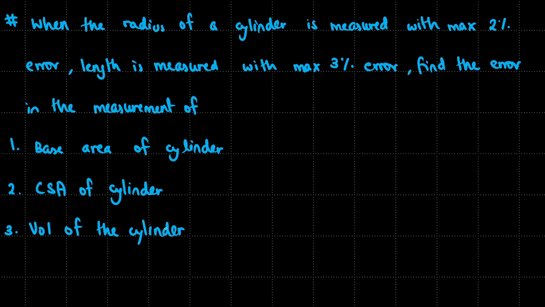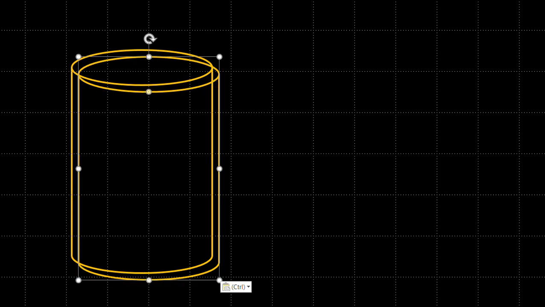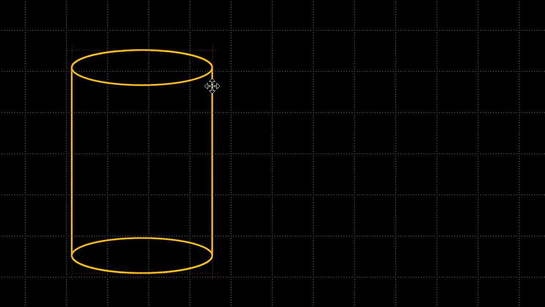So to understand this question, first of all, let's draw a cylinder so that it's much more clear. Let's take this cylinder and rotate it and overlap it.